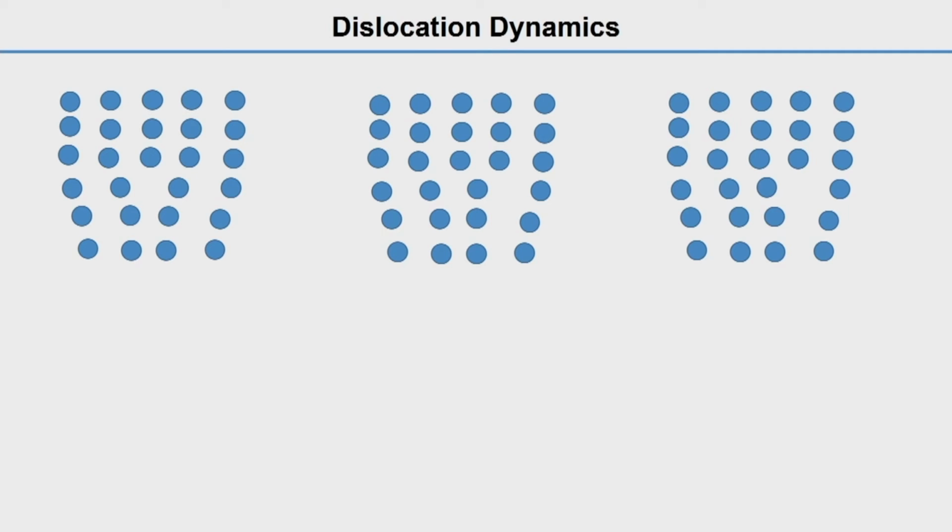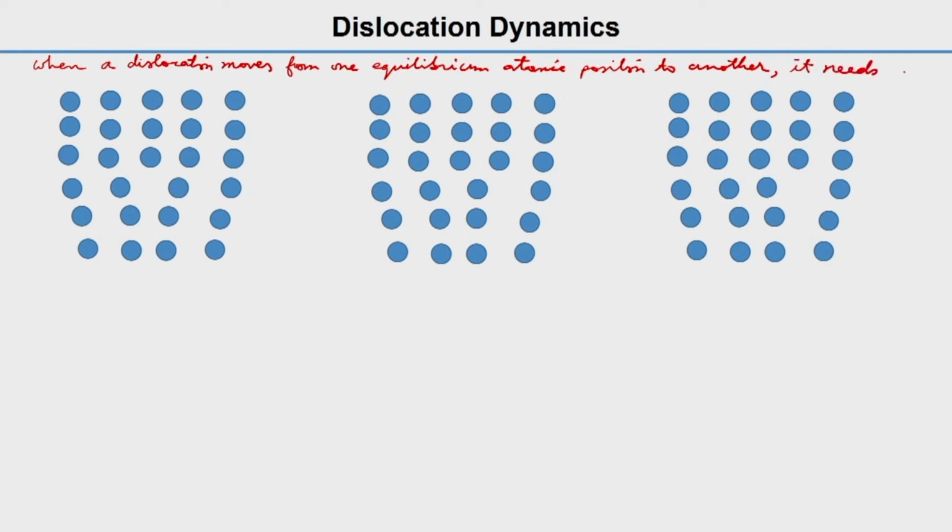So to see the Peierls-Nabarro stress, we need to understand that when one dislocation moves from one equilibrium atomic position to another, it needs to cross an energy barrier, and that is called the Peierls-Nabarro barrier.